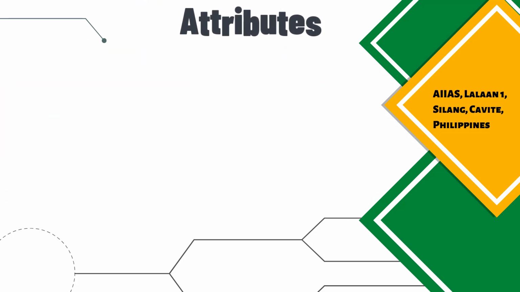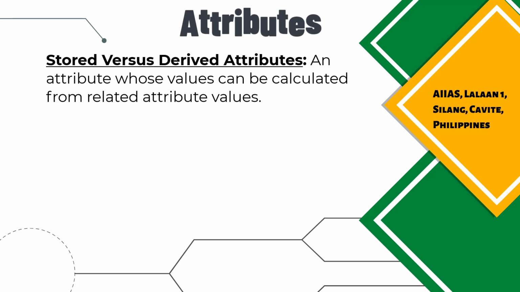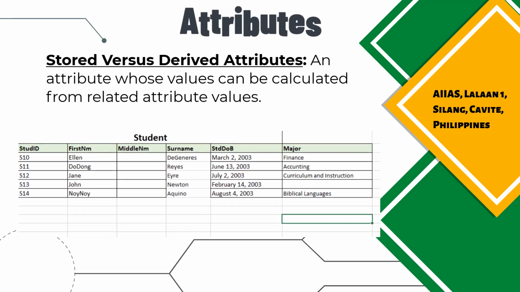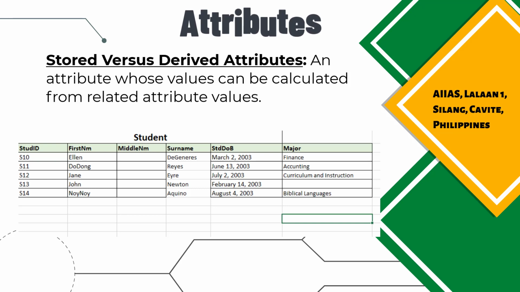There is something called stored versus derived attribute. I want you to carefully look at this student data set here. Look at the student date of birth attribute. Here I have the record of each birth date of each student. Now, this is called a stored attribute because I have the record of everyone's birth date.